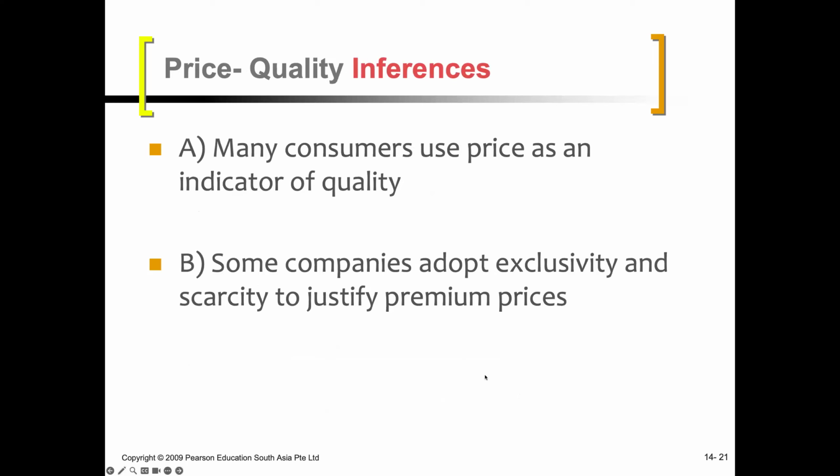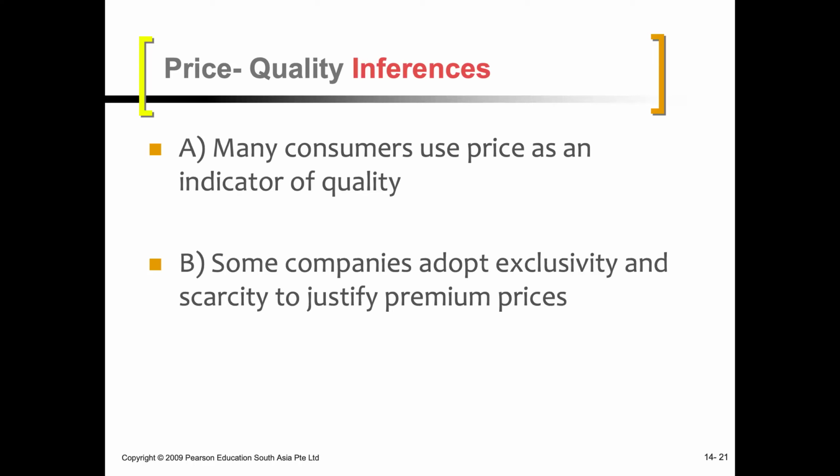That also links to the inferences between price and quality, because many consumers use price as an indicator of quality. Well, it's true and it's not true at the same time. There is a saying that the higher the price you pay, the better the product you get, but in some cases that is not really true.